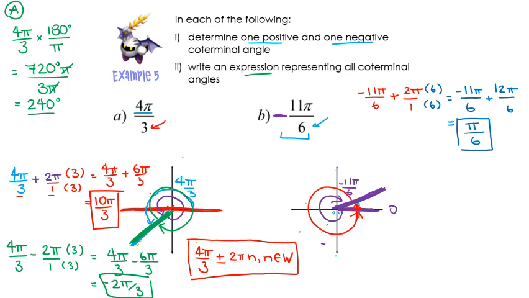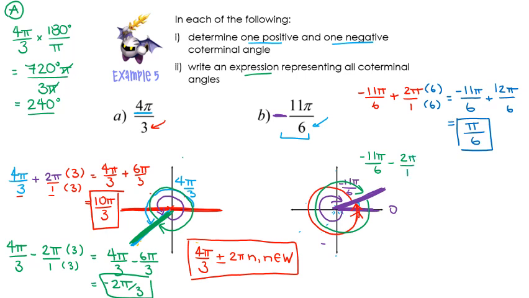And if I want to find a negative coterminal angle, I'll start from my terminal arm of negative 11 pi over 6, and this time I'm going the other direction, so I'm going to essentially be subtracting 2 pi. So I would go negative 11 pi over 6 minus 2 pi, and again, I'll put that over 1.